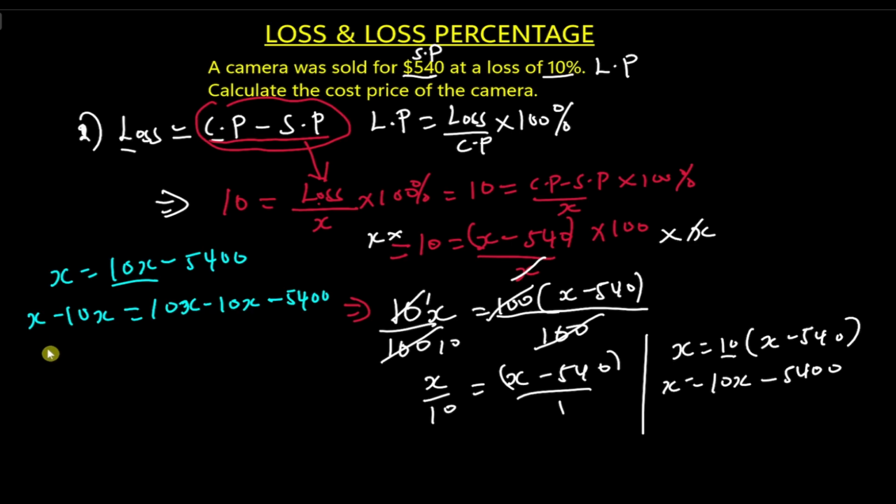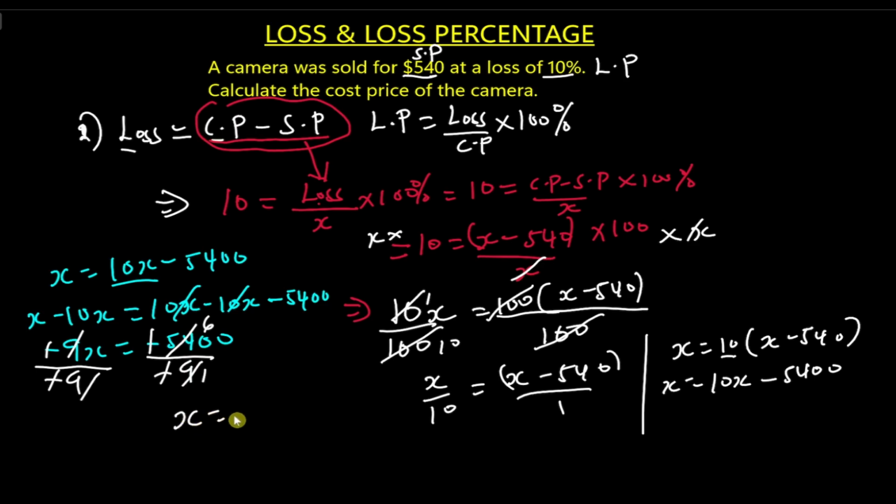Now x minus 10x is negative 9x, and then 10x will cancel, so we are going to have negative 5400. You divide both sides of the equation by negative 9, also here by negative 9. Now the negatives cancel, the 9s also cancel. 9 goes into itself 1, and goes into 54 6. Over here we have x, which is equal to 600.